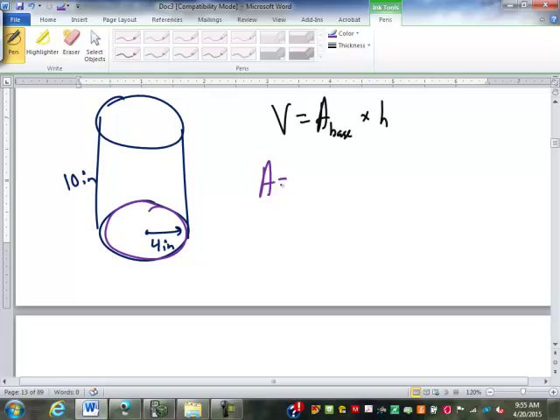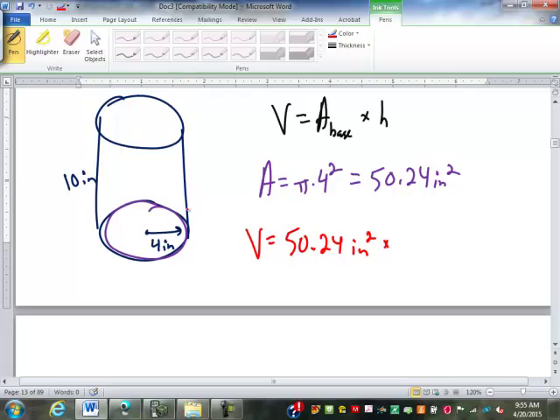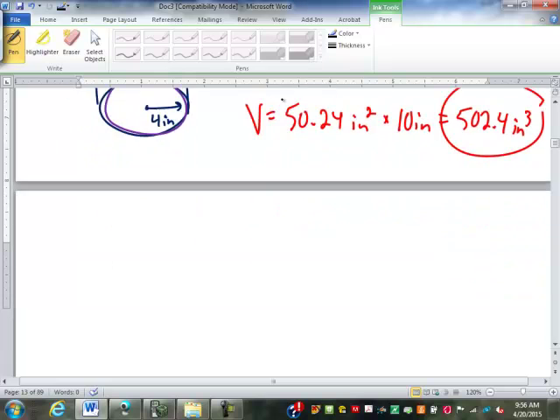So that area is pi times 4 squared, otherwise known as 50.24, and that's in inches, so this is inches squared. So now my volume is 50.24 inches squared times a height of 10 inches, otherwise known as 502.4 inches cubed. Really easy.